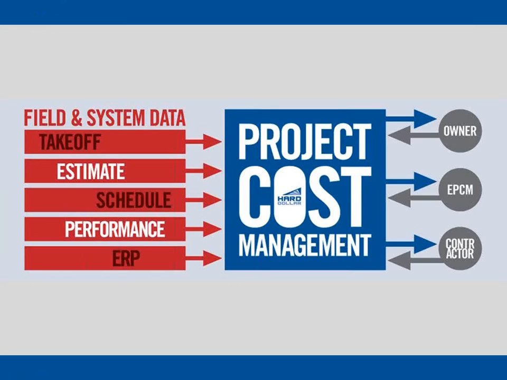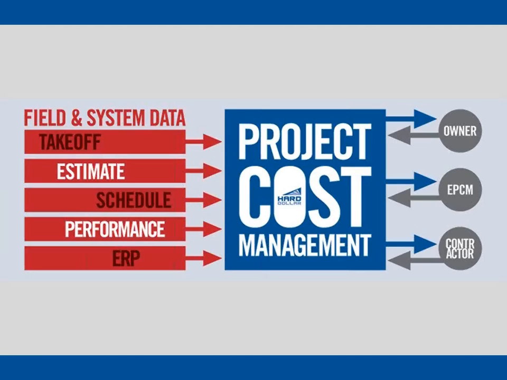So when we say project cost management, we're really talking about getting all of your project information revolving around cost and productivity into a single place where all of the systems that influence and affect your costs, all that information can be gathered together.